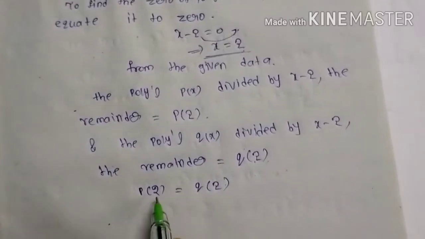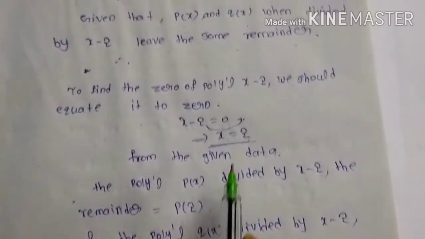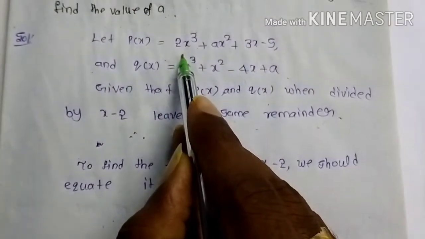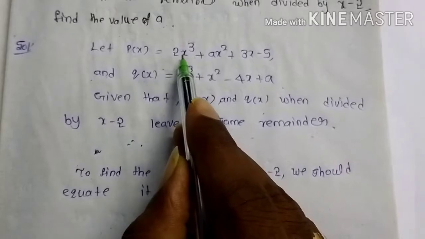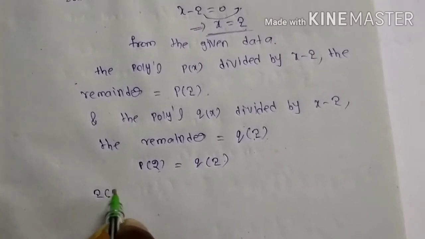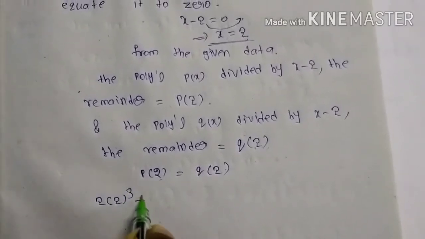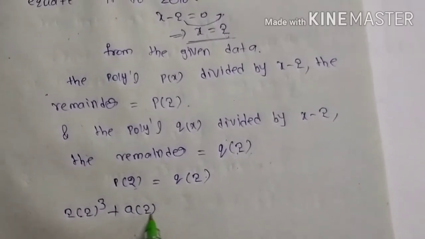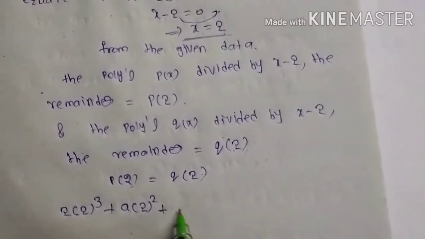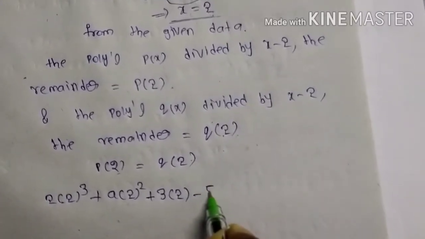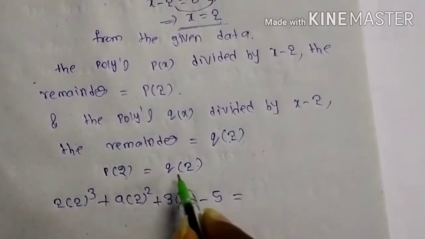Yes or no? Yes. What is p of 2? You can write here p of 2 means wherever x is available, you can just substitute x is equal to 2. That means 2 into 2 cube plus a into 2 square plus 3 into 2 minus 5 is equal to, you need to write here how much?